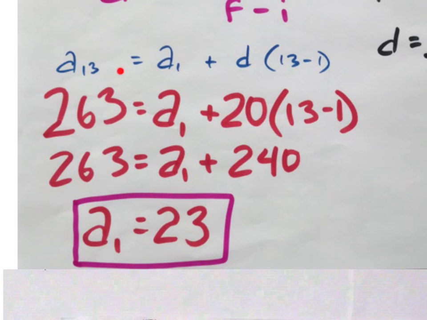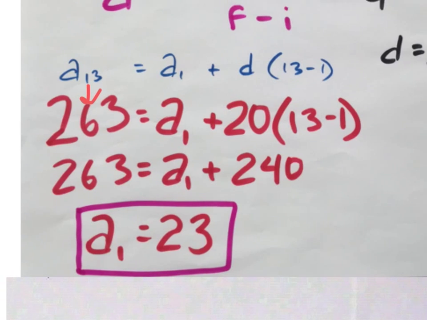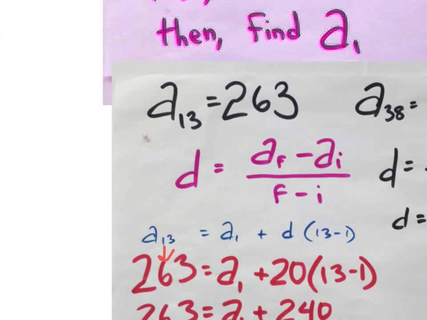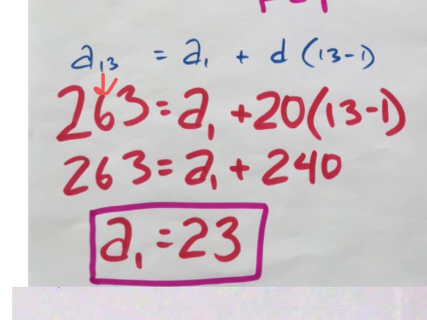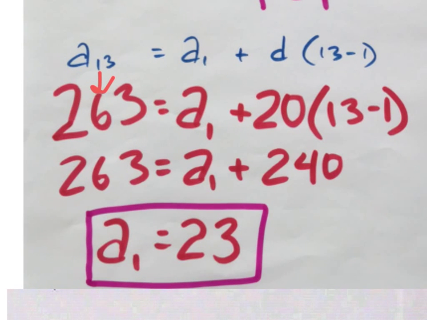And a sub 13 equals a sub 1 plus d times n minus 1, or 13 minus 1. And we can then swap out a sub 13 to 263. We know that because these are equal, right? So we can simply exchange them that way. So 263 equals a sub 1 plus 20, the difference, times 13 minus 1, which of course is 12.